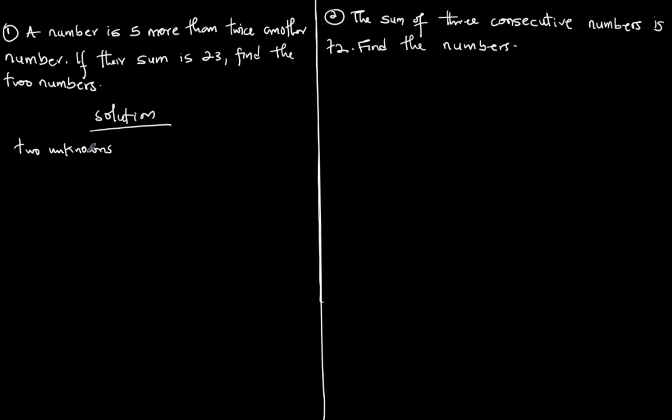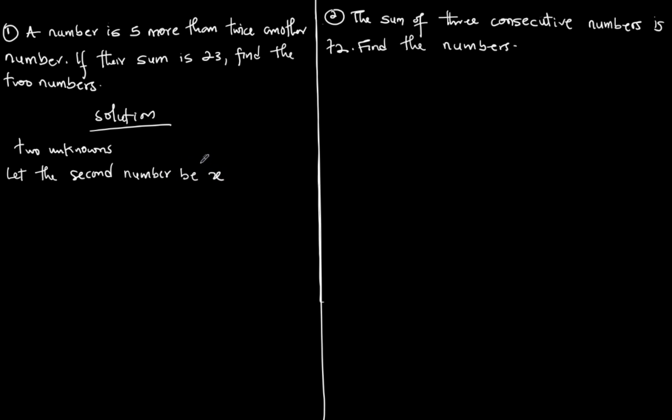The first number is as a result of the second number. So once we've been able to get the second number, we'll be able to get the first number. So we can then say, let the second number be x.